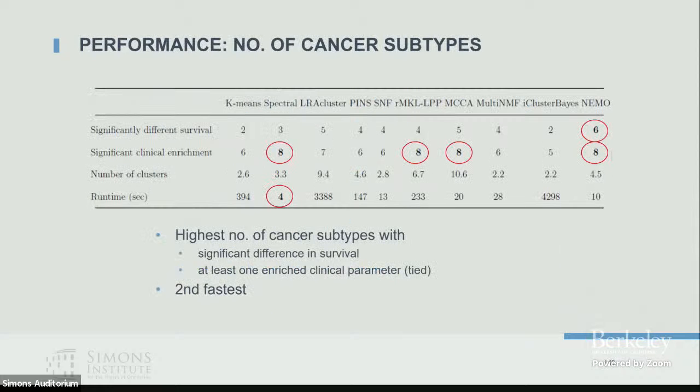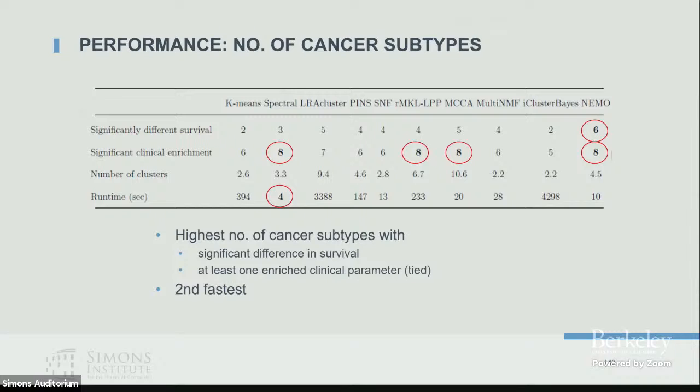Okay, here are the results. So we compare this on 10 cancer types, and compare the method that I showed you before, and Nemo is in the last column. So here in the first row, you see the number of cancers for which there was significant different survival between the survival curves using the log-rank test, and Nemo had the highest number.